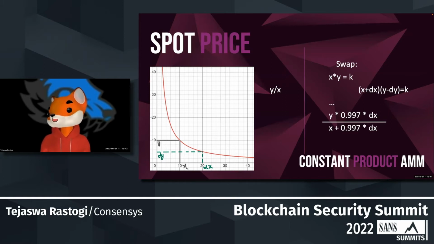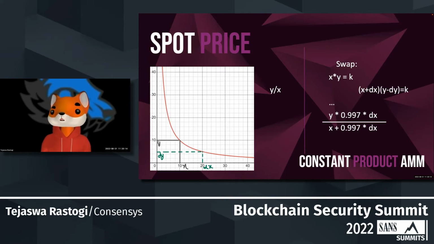In layman's terms, AMMs create a spot price based on the reserve ratio at a point of time. For instance, let's take an example. If we have a pool of ETH and USDC, say 2 ETH and 100 USDC, the spot price of ETH in terms of USDC will simply be Y by X, or the balance of USDC divided by the balance of ETH.